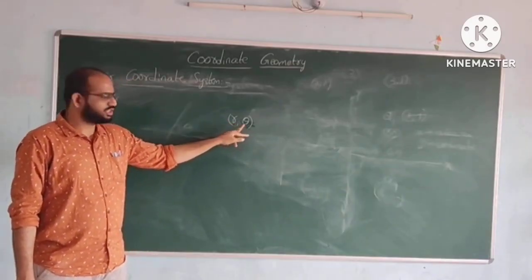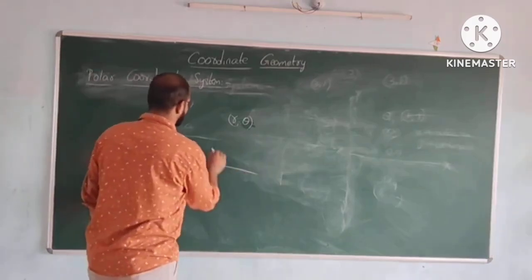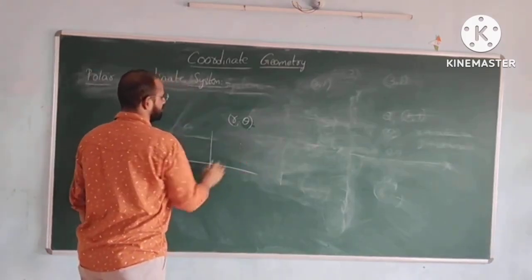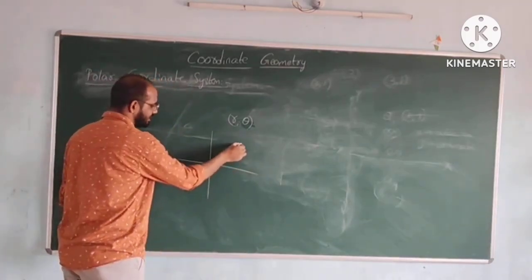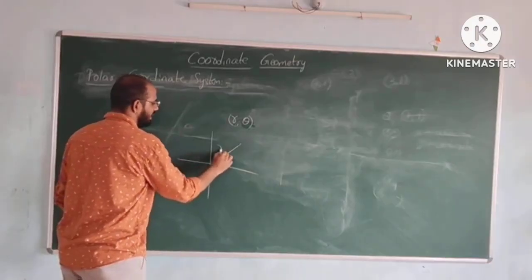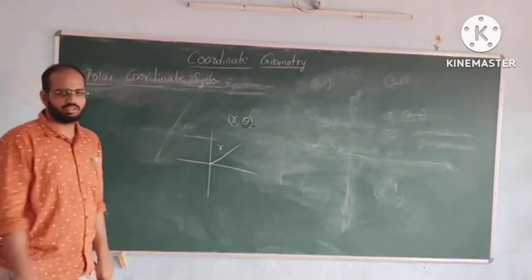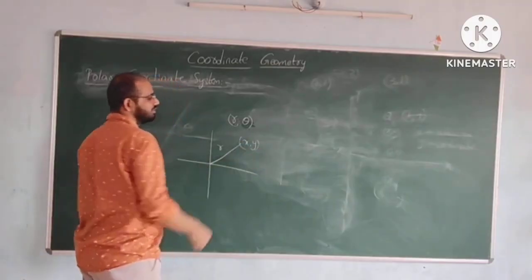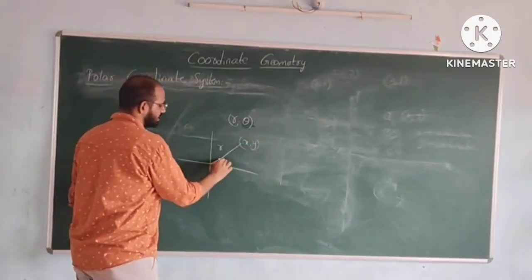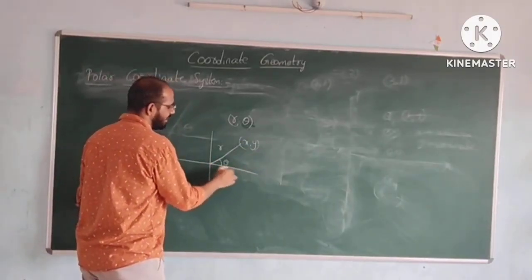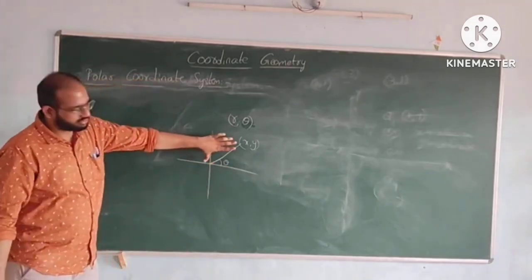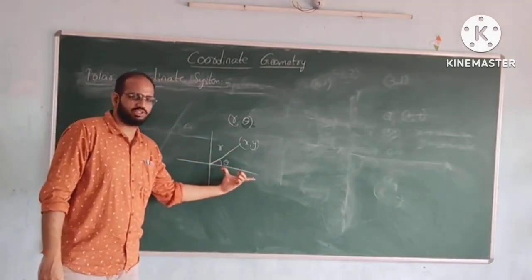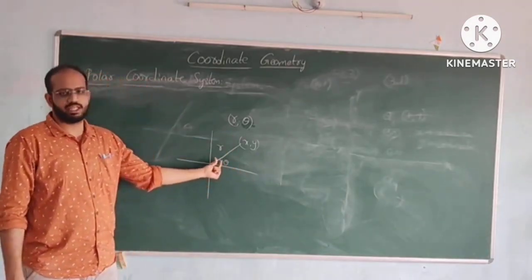Theta means, let us take one point. This point is at a distance of r units from the origin, and if we join that particular point with the origin, the angle made by the line with the positive direction of the x-axis is called theta.